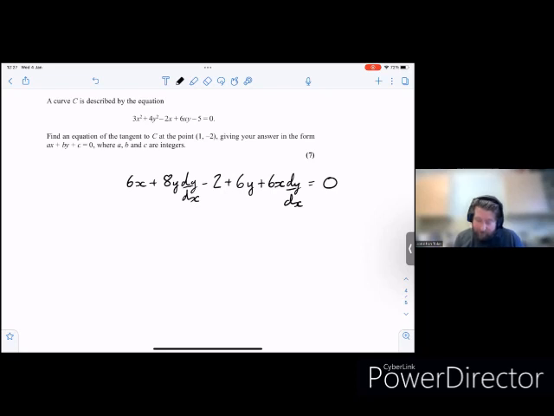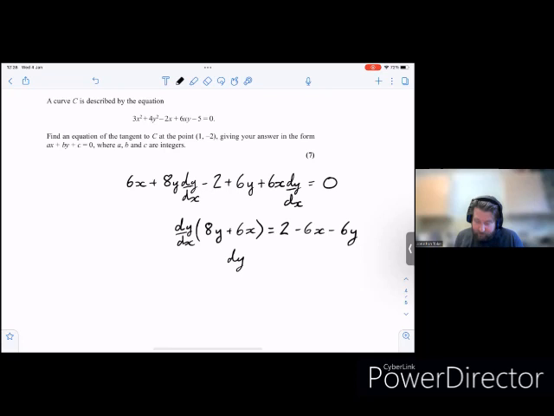So now if I make dy by dx the subject, I can collect the dy by dx terms together and factorize. We get 8y plus 6x. And then on the other side, we get 2 minus 6x minus 6y.